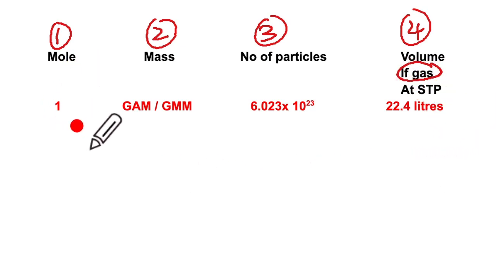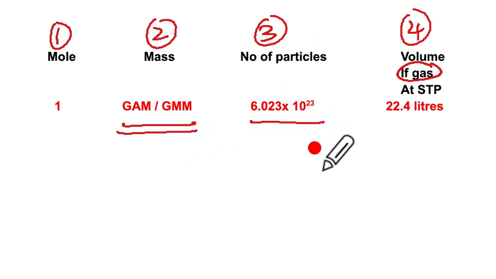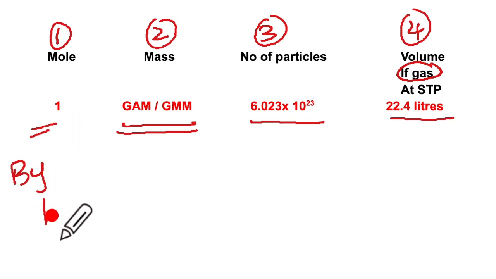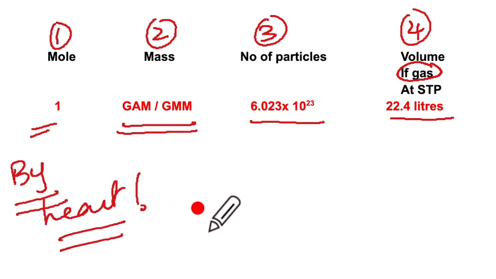So 1 mole will have mass equal to GAM or GMM, number of particles 6.023 × 10^23, and volume if it's a gas, 22.4 liters at STP. All this must be known by heart. So if you want mastery over mole concept, 1, 2, 3, 4.